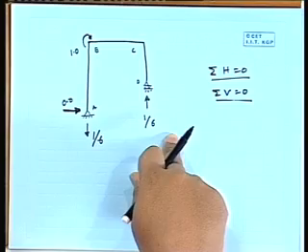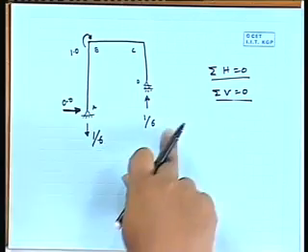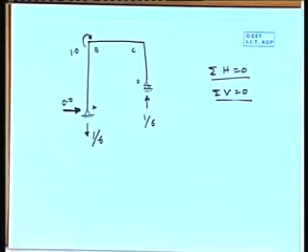Support will not allow it to move through some reaction, which will cancel the effect of that applied moment, means it will generate an opposite moment and it will be cancelled out. So, horizontally there is no force, vertical there is no force, but there might be a force, but they will be self correcting. So, if it is 1 by 6, it will be 1 by 6, if it is 10, it will be 10, but they will produce some moment which should balance this moment.